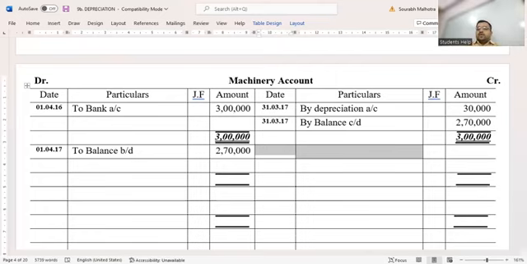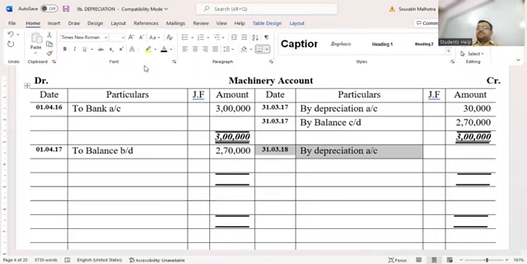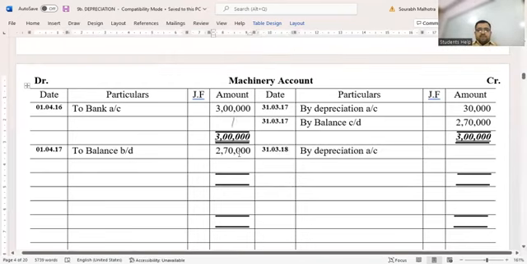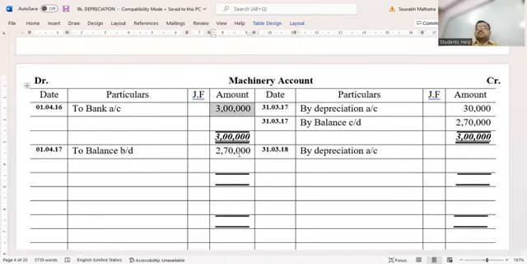In machinery account, what posting certainly we can do? By depreciation. Is this much heard well? From here the twist in the story starts, children. First year, what was the value of asset on the debit side, children? 3 lakhs. 10% of this is what?